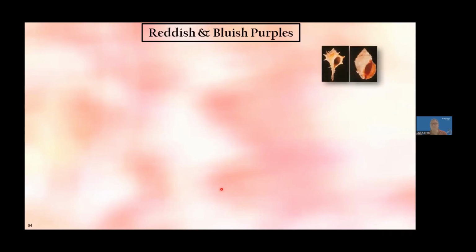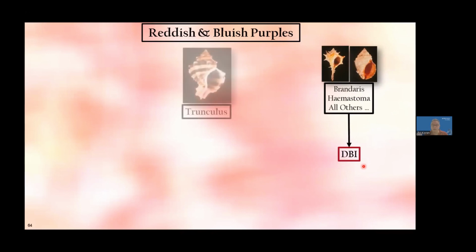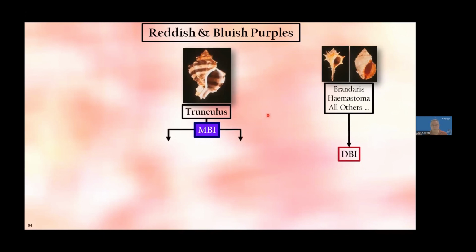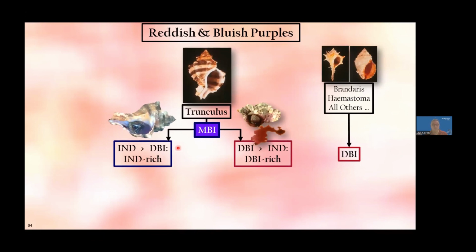So in summary, to conclude this particular talk, the snails of the world, Brandaris, hemastoma, and all the others, primarily give you a reddish pigment because they are very rich in dibromo indigo. However, the trunculus is the most interesting one because it has a nice amount of monobromo indigo, but there are two types of trunculus, which I've written about.